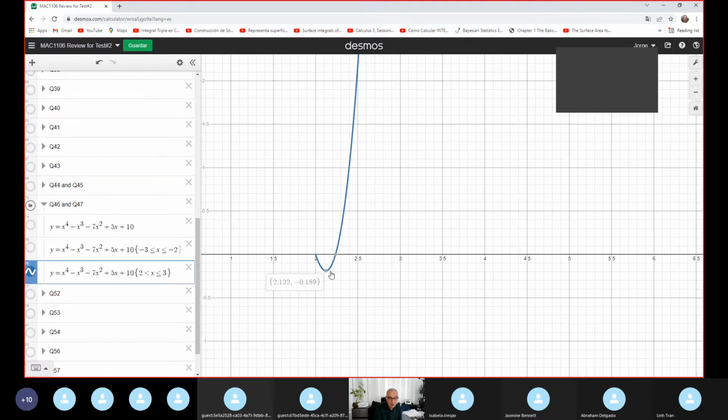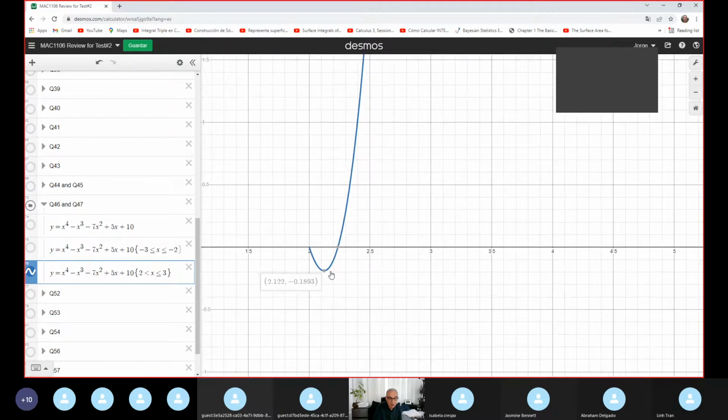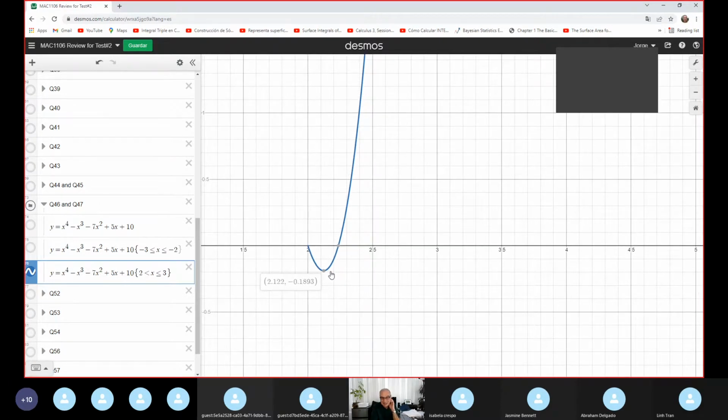Well, the gray point in Desmos is not necessarily an x in a set or y in a set. It's the point that Desmos considers important. So this is a local minimum, and Desmos considers it important. What is important is this: positive 2.236, which is the solution. Super. Yes or no?